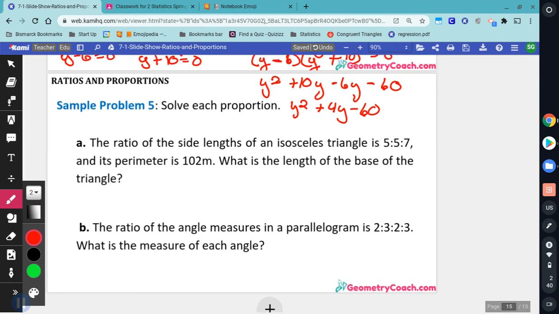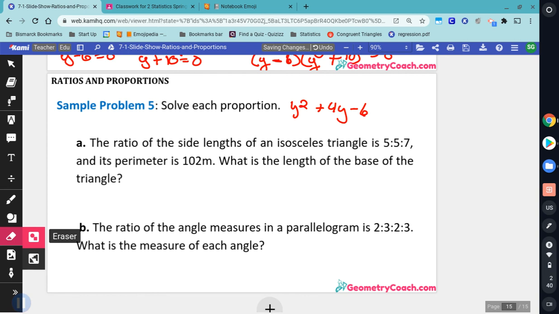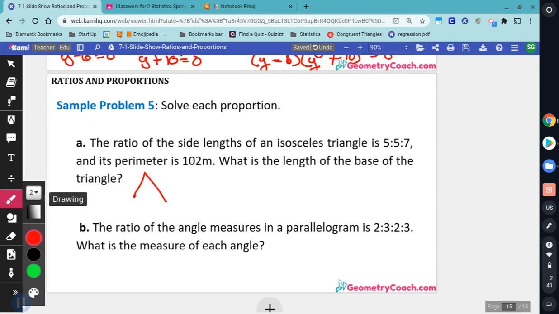Okay, last slide, we've got some real world problems here. The ratio of the side lengths of an isosceles triangle is 5 to 5 to 7, and the perimeter is 102. What's the length of the base? So, I always like to draw a picture. So we have a ratio of 5 to 5 to 7.